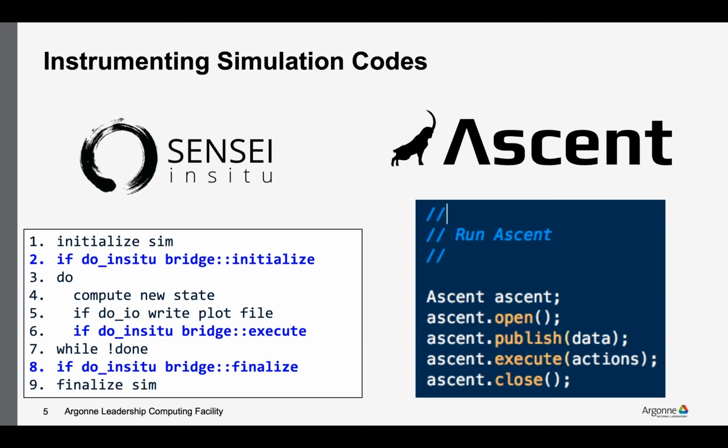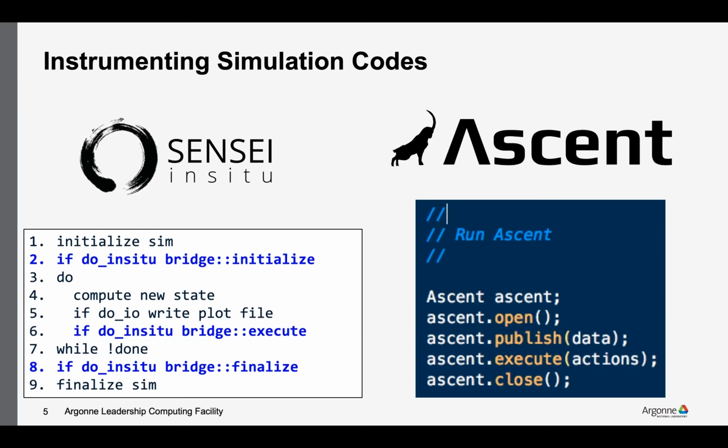The bridge refreshes the view of the data on the analysis side. Prior to finalizing the simulation, you call a bridge finalize that will take care of closing everything on the in situ side.